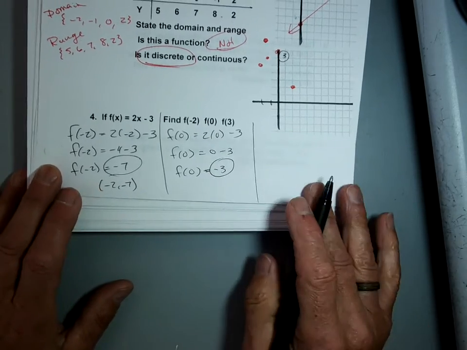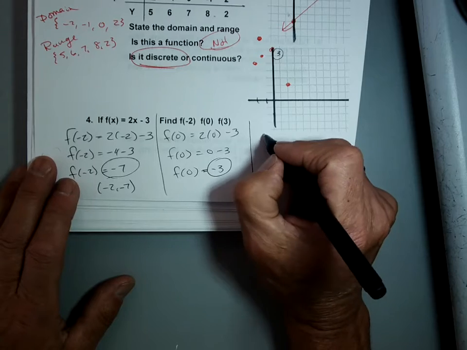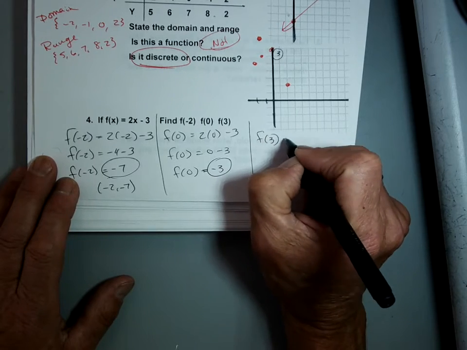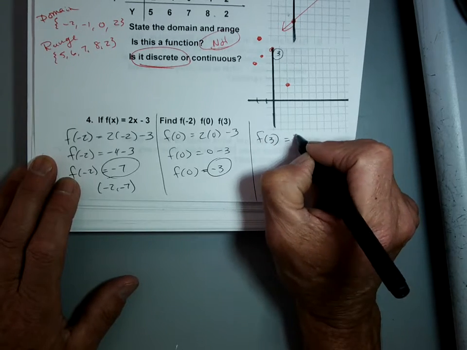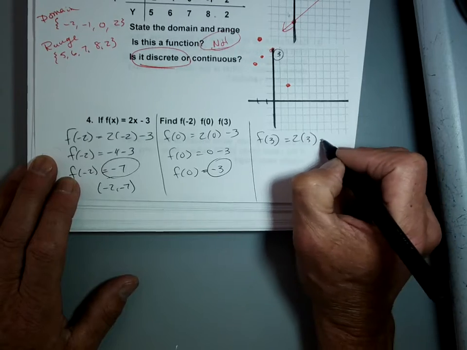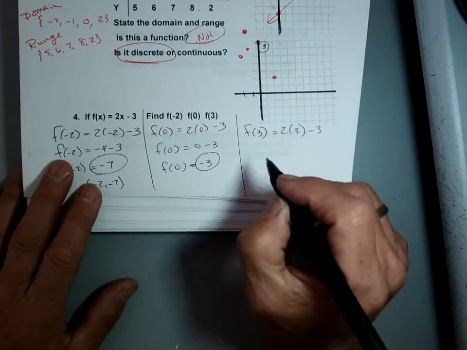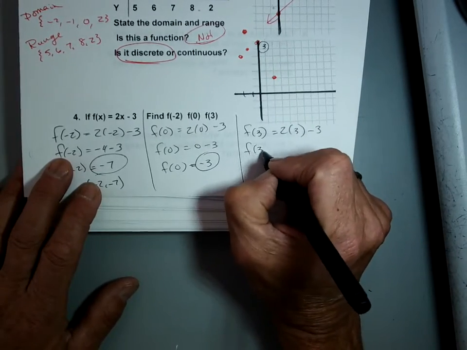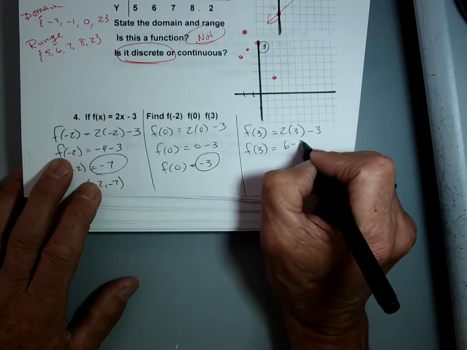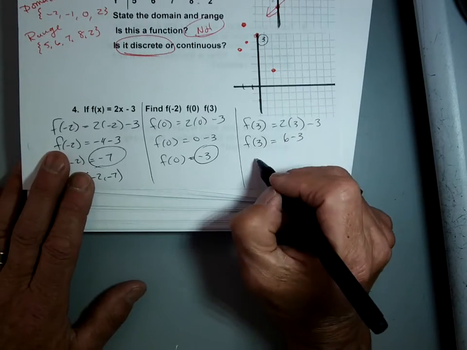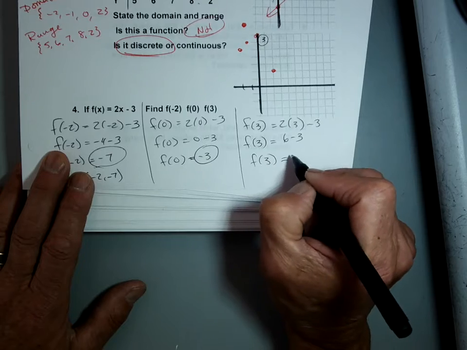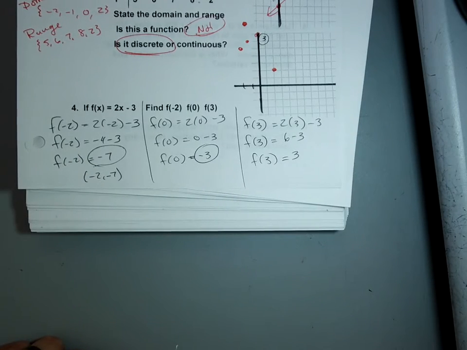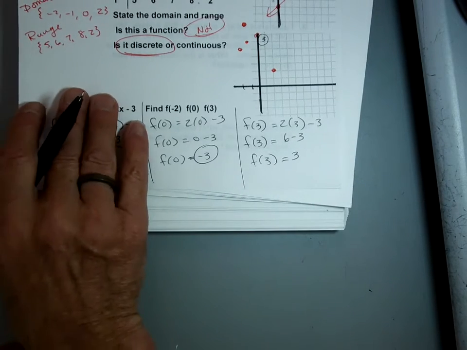And then finally, f of 3 is equal to 2 times 3 minus 3. F of 3 is equal to 6 minus 3, or f of 3 is 3. Okay, turn the page.